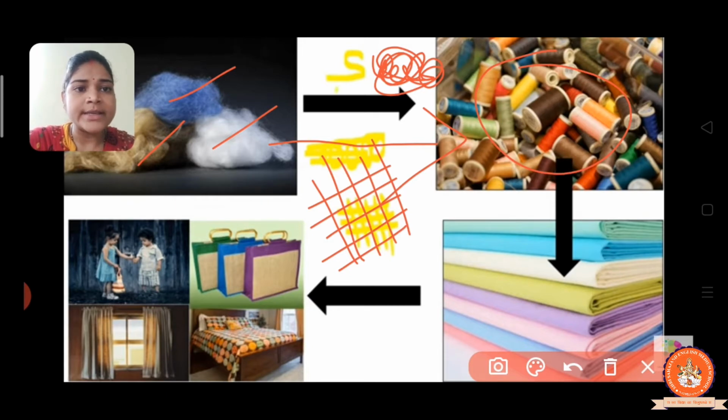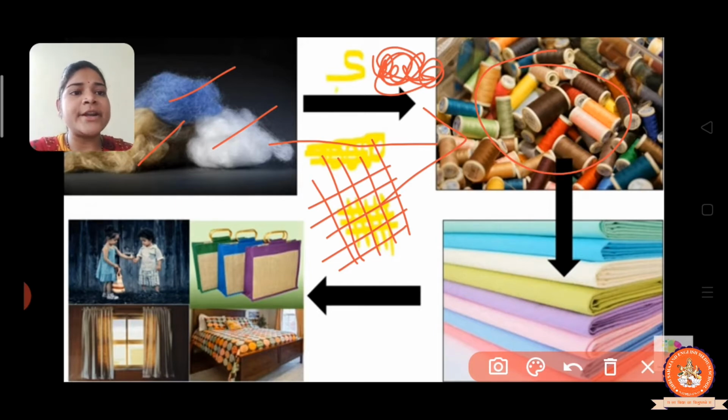That is called weaving. Now what is knitting? Knitting means bunai. It is done manually or by machine, right?